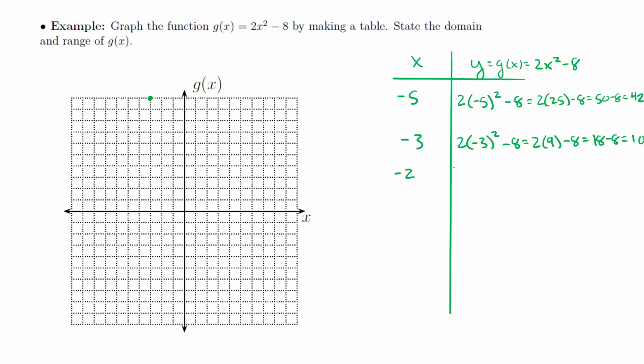All right, so now I think we've got some x values that are going to make some sense for us. So 2 times 4 minus 8, that's 8 minus 8, which is 0. So looks like at negative 2, we're at 0.